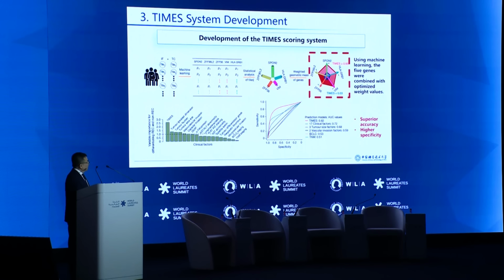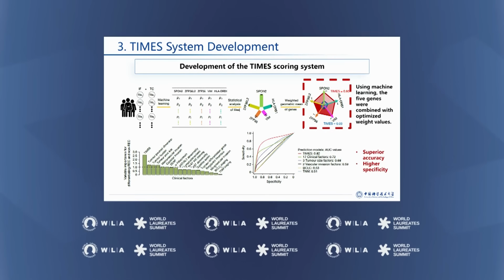We used machine learning. These 5 genes were combined with optimized weight values. We call this the TIMES model, and this score has superior accuracy and higher specificity. The AUC is 0.82. It's the highest in the world for predicting recurrence.